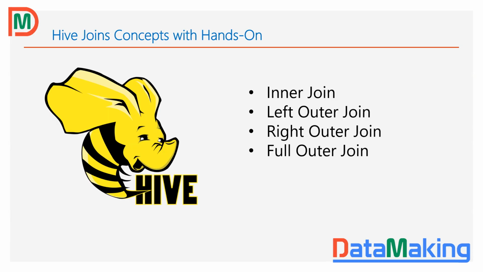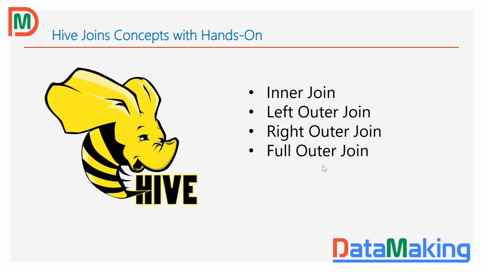So for example, you might have a customer data set and a sales data set, and you might want to do the join. There are traditional joins available in Hive, which are inner join, left outer join, right outer join, and full outer join.